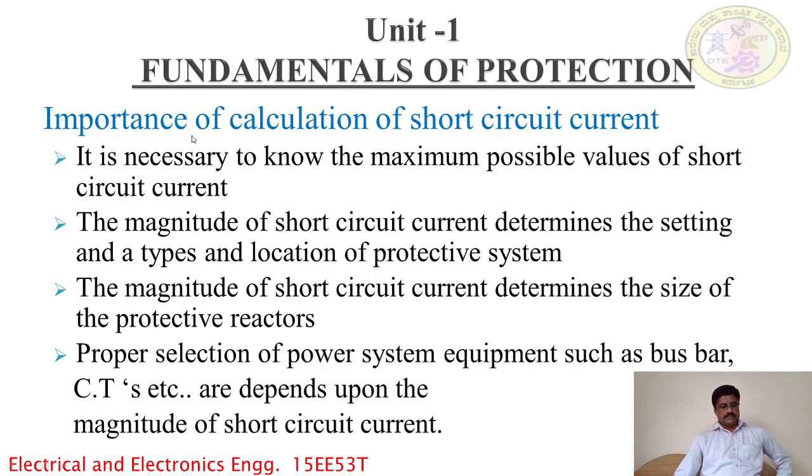Next, third effect, stability of the power system is varied. And fourth one, damage to the other equipment connected in the power system. Due to the short circuit, the system voltage decreases to a low value, which will cause the protective relay coil failure. So these are some effects of a short circuit in a power system.